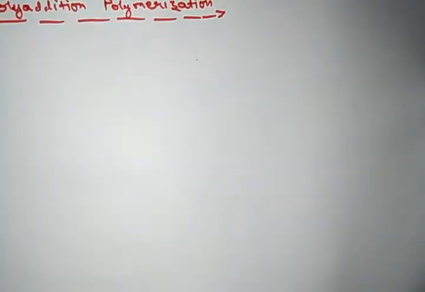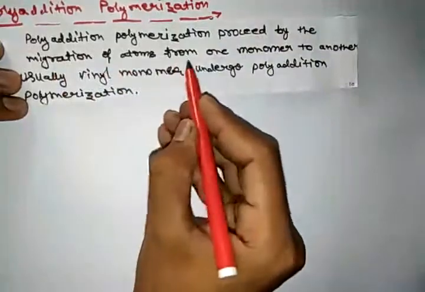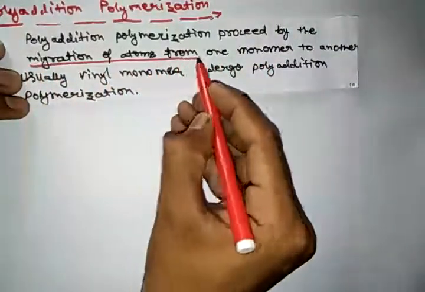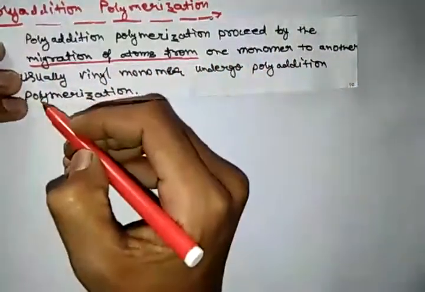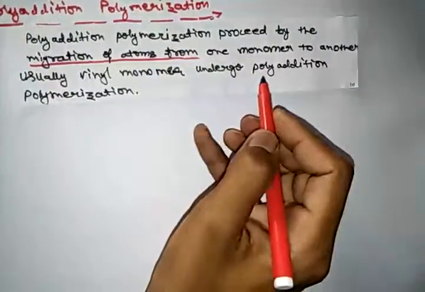Polyaddition polymerization proceeds by the migration of atoms from one monomer to another. Usually, vinyl monomers undergo polyaddition polymerization.